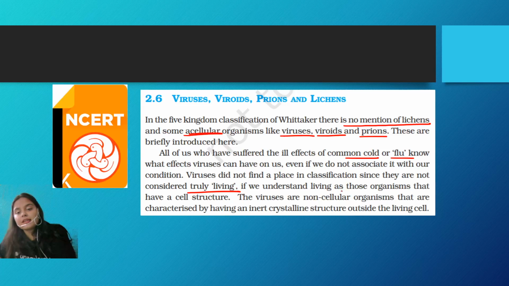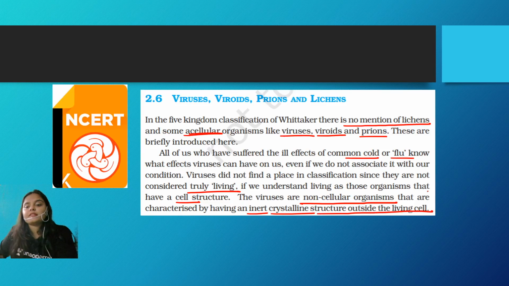If we understand living as those organisms that have a cell structure, if cell structure is the criteria which we use to define living organisms, then viruses are not truly living because they are not made up of cells, right? Now viruses are non-cellular organisms that are characterized by having an inert crystalline structure outside the living cell.